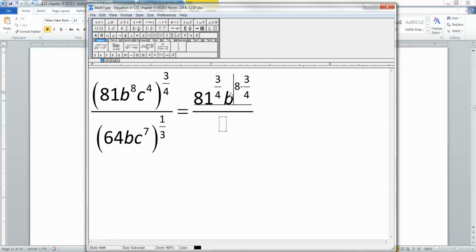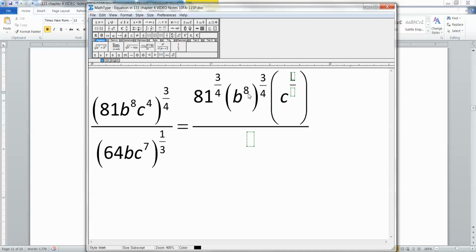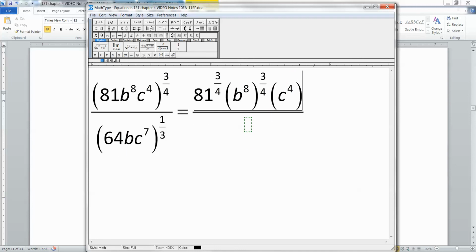It's B to the 8th to the 3/4. There, I'll take that intermediate step for you. Okay. And again, I often don't show every single one of these steps. You just want to show enough that you can get by. C to the 4th to the 3/4, like that.